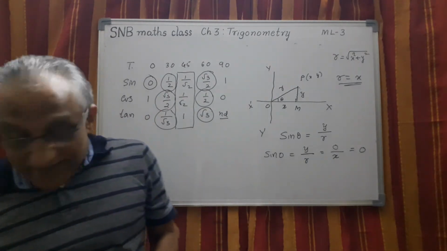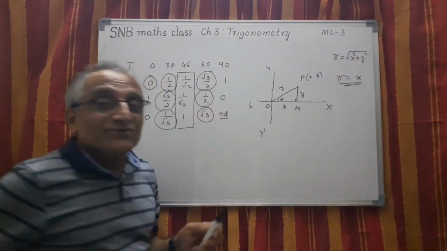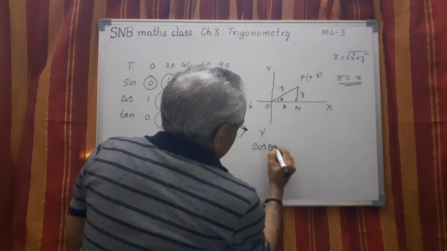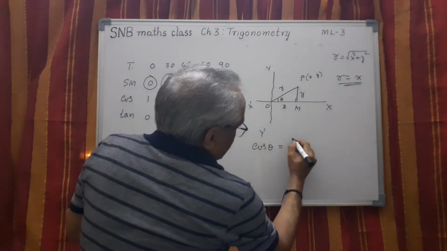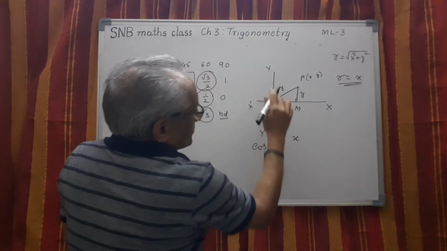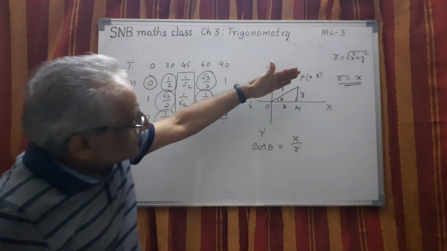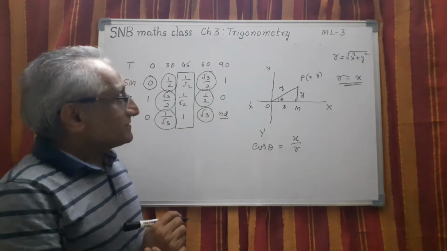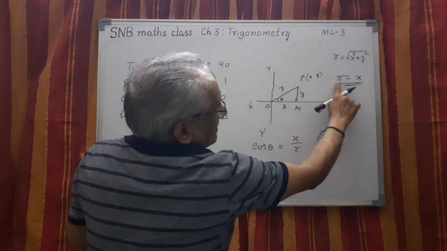Now, you may ask, how do you show that cos 0 is 1? Look here. Cos theta, by definition, is adjacent x divided by r. Same argument. When this OP exactly coincides with x-axis, what happens? y becomes 0 once again, r becomes x.